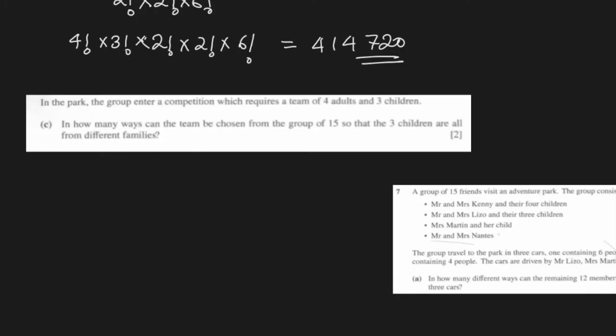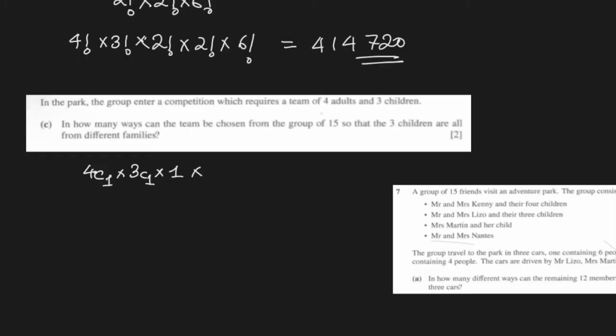So we'll take 1 child from these 4 children of Mr. and Mrs. Caie. So 4C1. Then we'll take one child from Mr. and Mrs. Lizzo's family, 3C1. They have 3 children, right? And then we have one child from Mrs. Martin. So this is for the children.